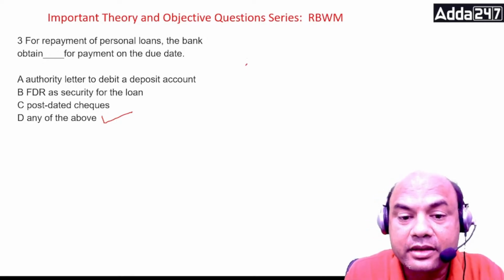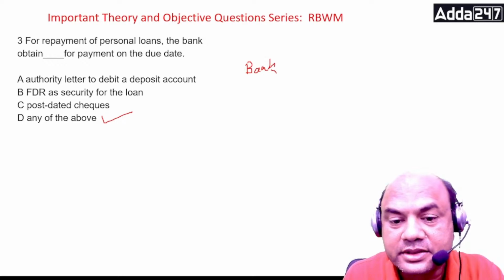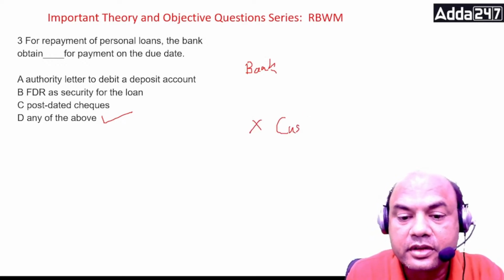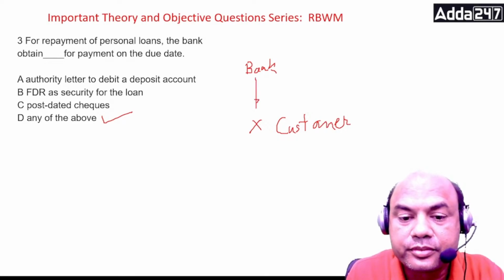See, this is a bank. Now I'll ask you this question as an extra question today. Bank, this is a customer X, okay, customer. Now what happens? Bank disburses the loans. So bank will disburse the loan.